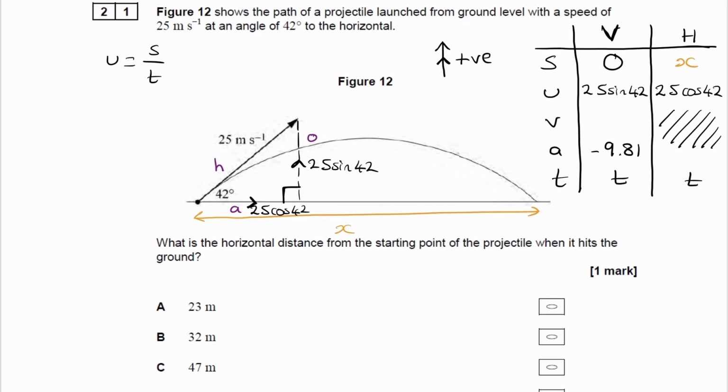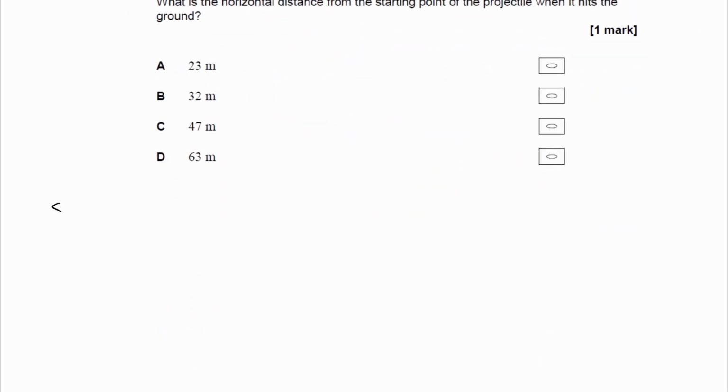So for the vertical direction, we have s and u, and we also have a and t. So the equation that relates all of those things will be s is equal to ut plus half at squared. S was 0, so 0 is equal to ut plus half at squared. I'm going to solve it algebraically first, just to save time.